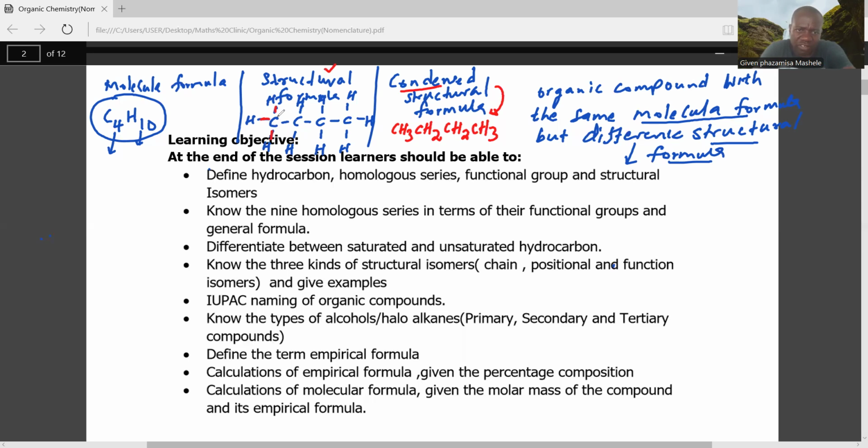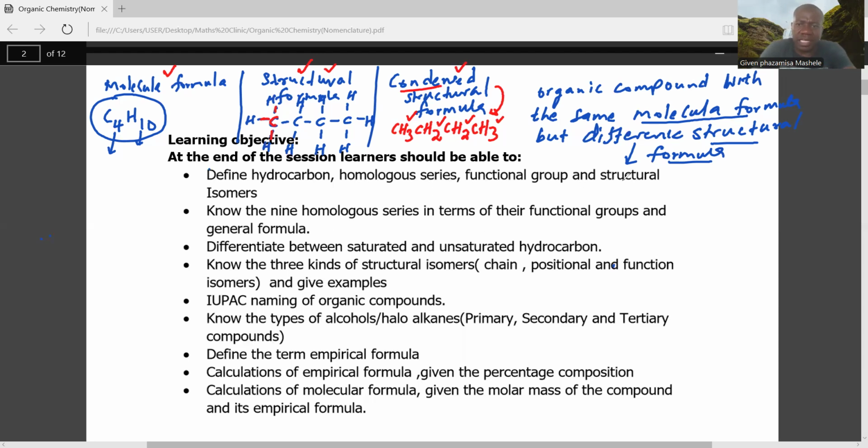In the first carbon there are 3, in the second there are 2, then 2, then 2, but the counting should be the same. So you need to be able to differentiate between a molecular formula, a structural formula, and a condensed structural formula. It's very, very important to know that.